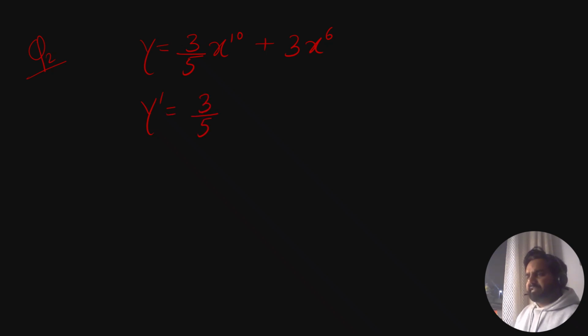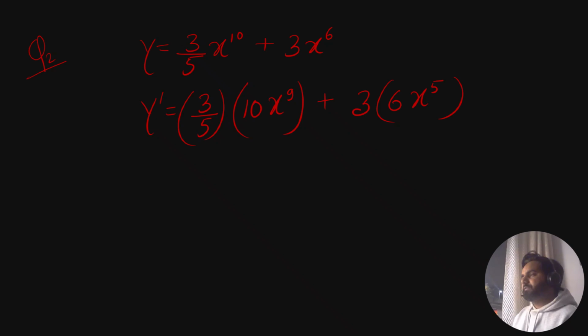I don't have to do anything with 3 over 5. Then I have to differentiate x to the power 10. So the differentiation of this will become 10 x to the power 9 plus 3. We don't have to do anything with 3. And now I will write the differentiation of x to the power 6, which is 6 x to the power 5.